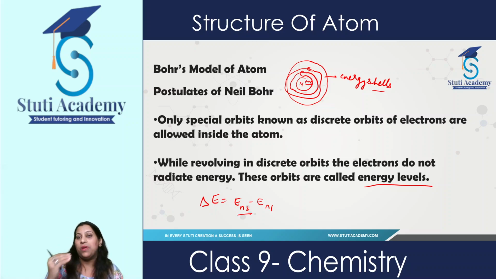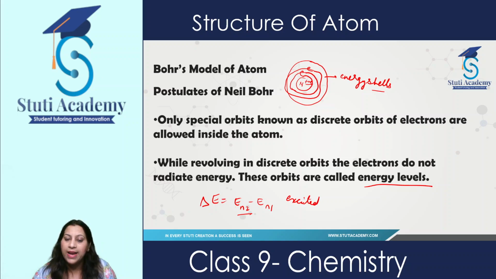So to be stable in nature, they jump from one shell to another. When they jump from one shell to another, they are either absorbing or emitting energy, and in this state they are said to be in an excited state.